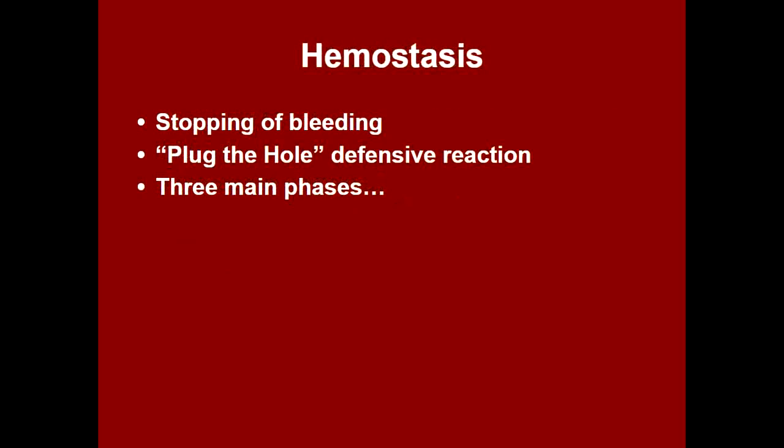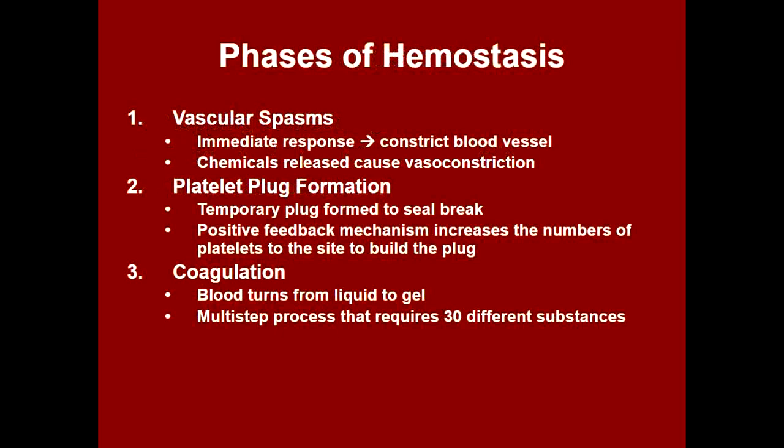Now, when we stop bleeding, it is a series of phases that basically cause our blood to change phases and allow us to stop bleeding. And we call that hemostasis. So here are our phases. Now, remember that hemostasis is a positive feedback mechanism.